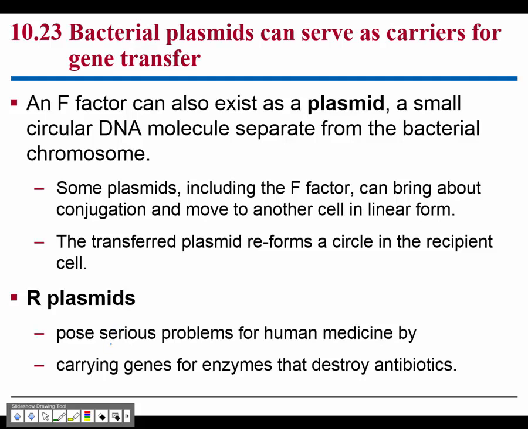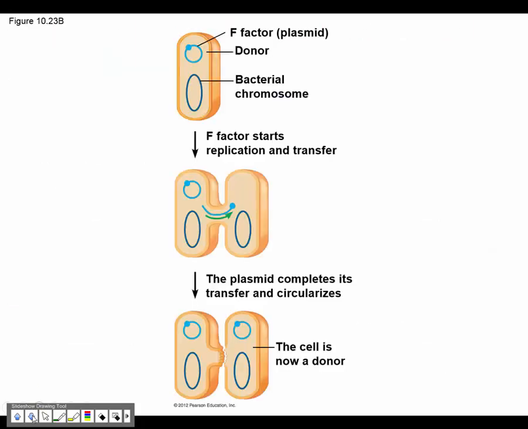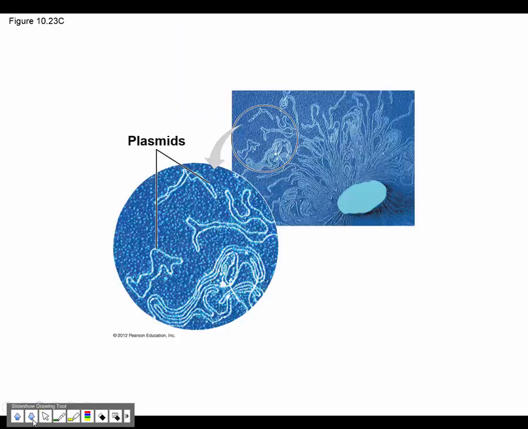Plasmids pose serious problems for human medicine because they carry genes for enzymes that destroy antibiotics. So this is the basis for the mechanism for why antibiotics are no longer as effective as they were.